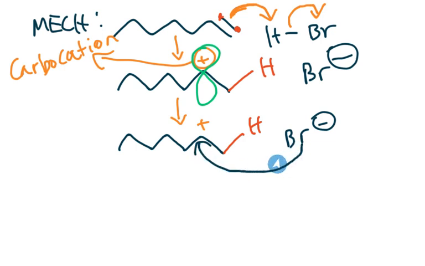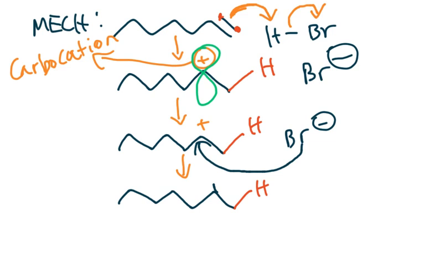Okay, so now remember, attacking, what does that signify? This is the movement of the electrons, this arrow. Now if I'm drawing this arrow and it ends here, that means this bromide ion attacked this carbon, meaning it made a bond with this carbon. So that's going to look like this now. So if we draw the next step, we're going to have something like this. All right, and then remember, the bromide ion attacked this carbon, so that's this carbon. So now this carbon right here will have a bond to bromine, okay?